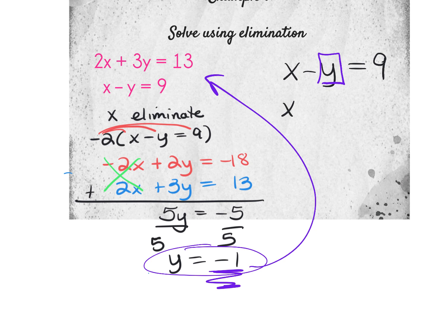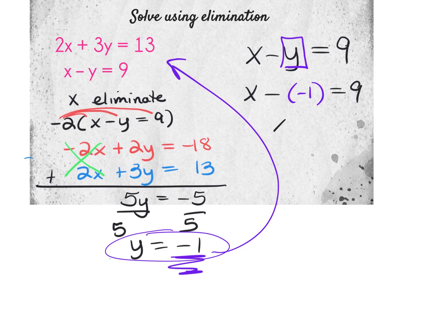So x minus is part of the equation that's there. Now I can put in my y value, which was -1. And now I'm going to simplify that negative before I begin to solve. This becomes x plus 1. And then I subtract 1 from both sides, and I find out that x equals 8.